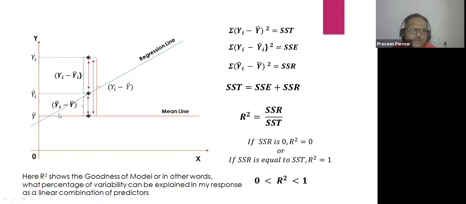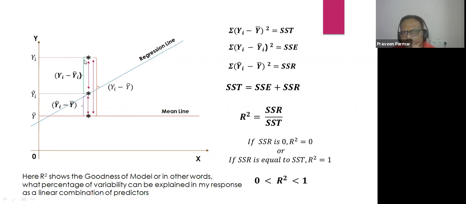And this is the predicted point I have, this is the y cap, and this is the actual y I have. So the difference between y and y cap, it is SSE. If we take the square of this, the sum of square of errors, it is the error basically.